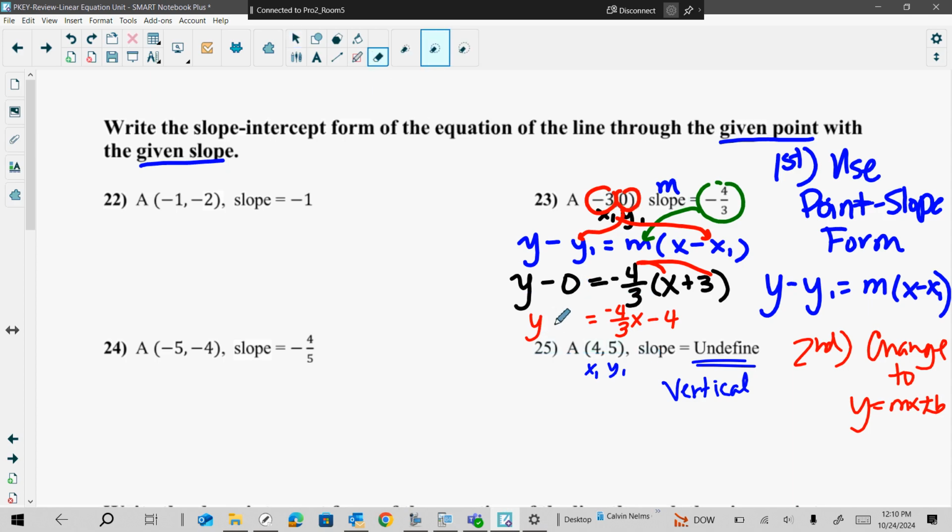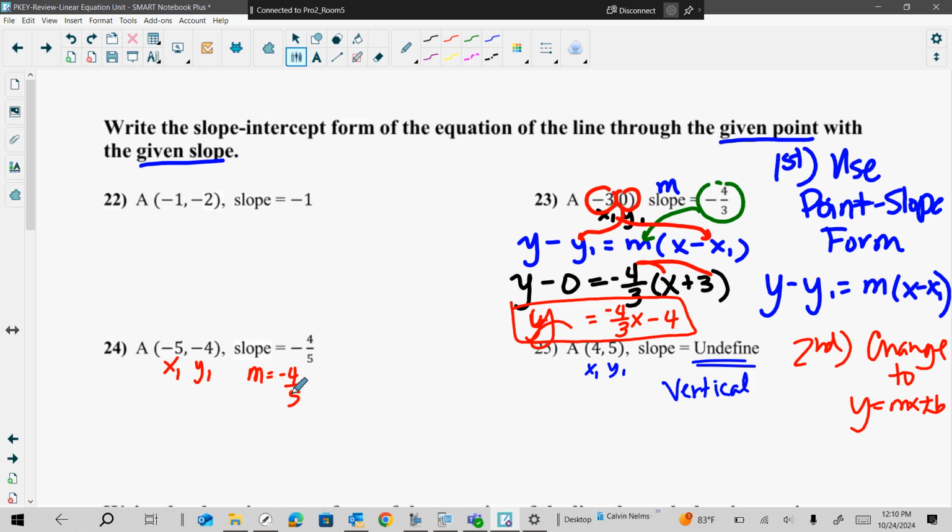So y equals -4/3 x minus 4. So if you need to label your x1 and y1 and where your m is, you can, and then just plug it into the form.